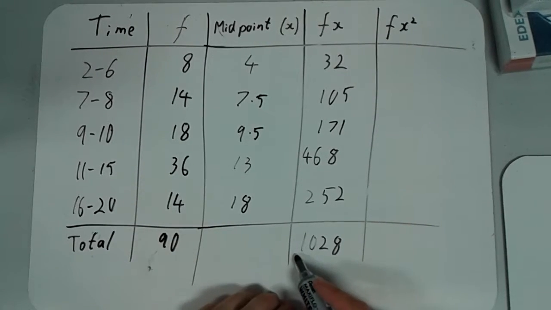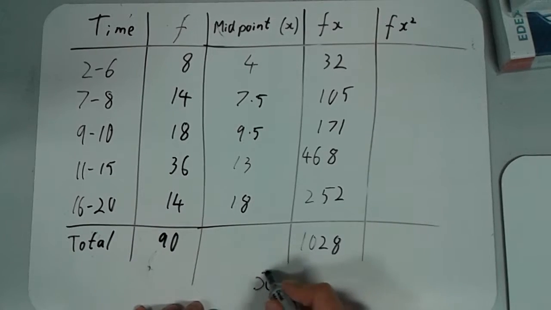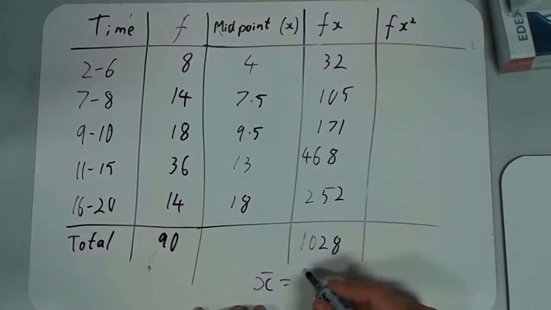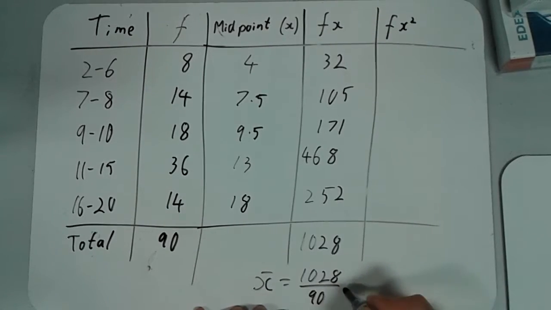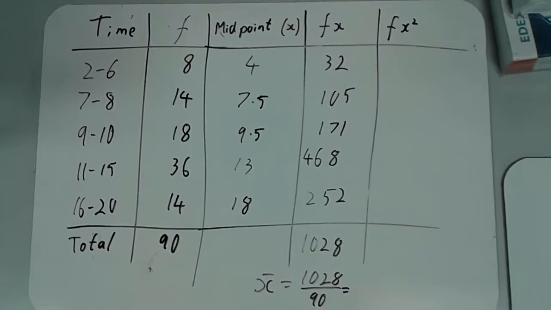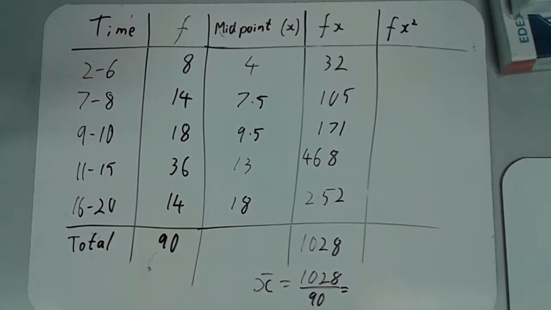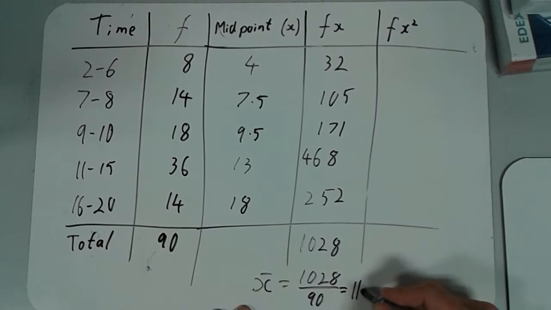So now that we know what all of our data add up to, we know that the mean, or at least our estimate of the mean, is 1028 divided by 90. So our estimate of the mean is 11.42. Always have a quick estimate.